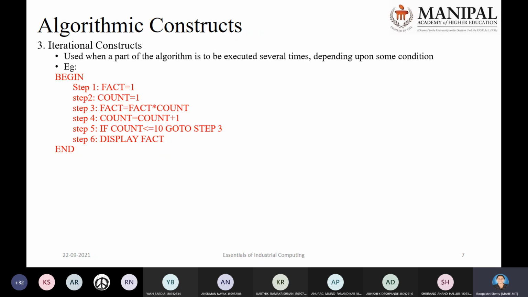Thus, count less than or equal to 10 is a condition which terminates the algorithm. If that condition is wrong, your algorithm may run into an infinite loop and may not follow the properties of an algorithm. So these three are very important algorithmic constructs.